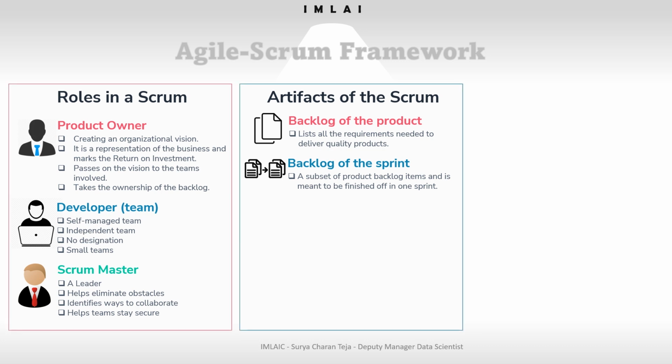If you want to put it in a much simpler way, you have 10 backlogs of the product, out of which you will have your first sprint for the next 2 weeks. So out of which you take three or four backlogs, and you put it into this sprint. That means these three backlogs should be completed within these 2 weeks of this first sprint. Those are called backlog of the sprint.